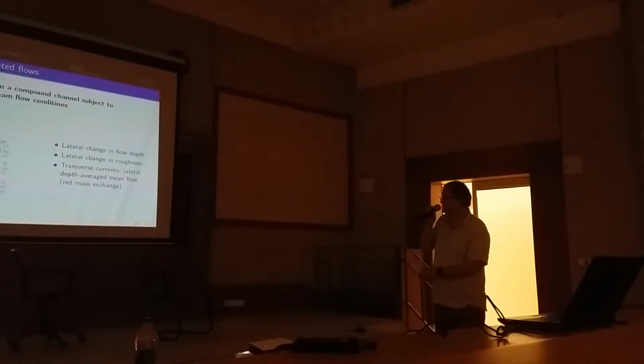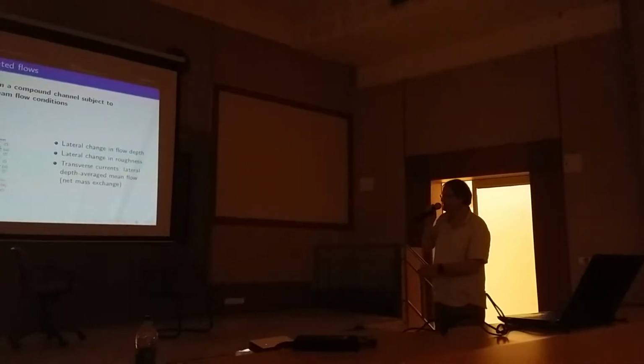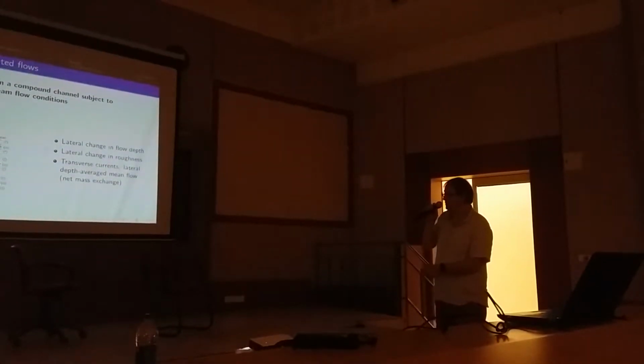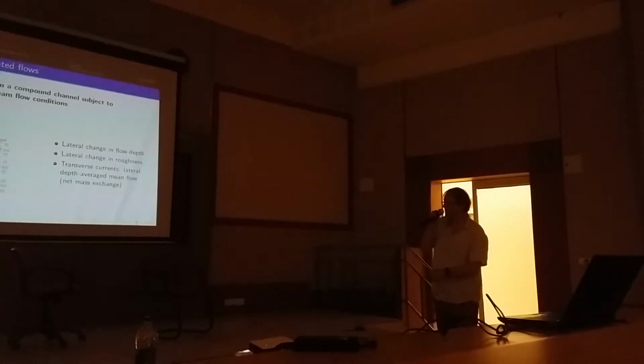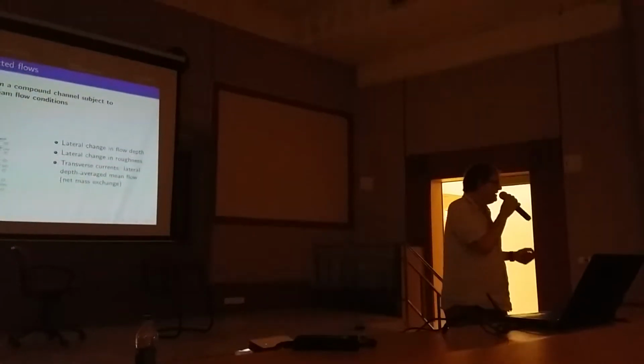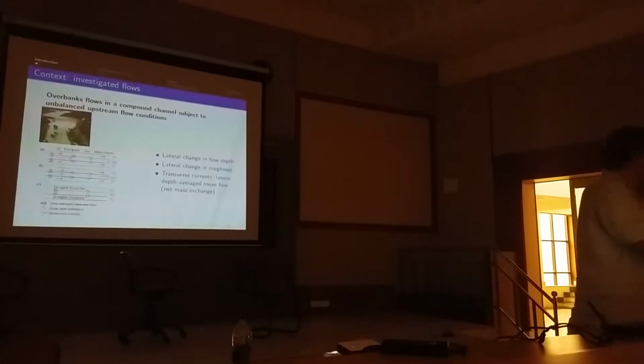So, for instance, here there are diverging floodplains, here there are converging floodplains, here there is a change in roughness. So, I want to say that when you consider a river reach, at the upstream boundary, the flow is always out of equilibrium. There are always unbalanced flow conditions at the upstream boundary of the river reach.